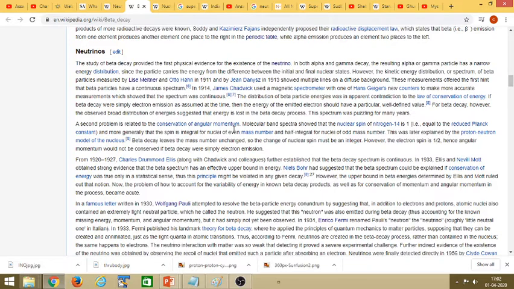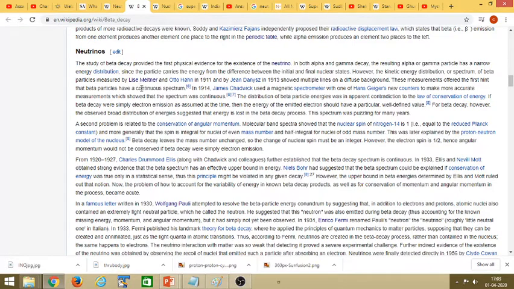So there were a number of problems when they were studying beta decay. They noticed that while the alpha and the gamma particles have a narrow energy distribution, that was not the case for the beta particles.